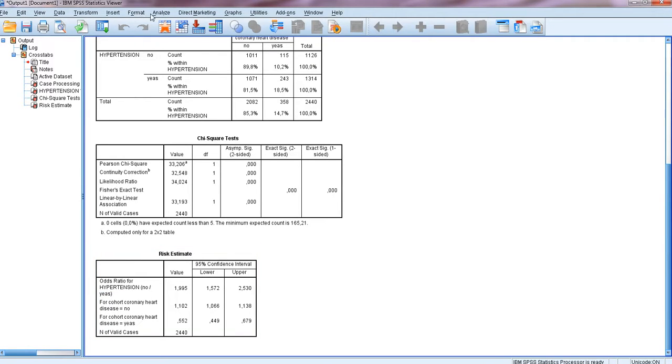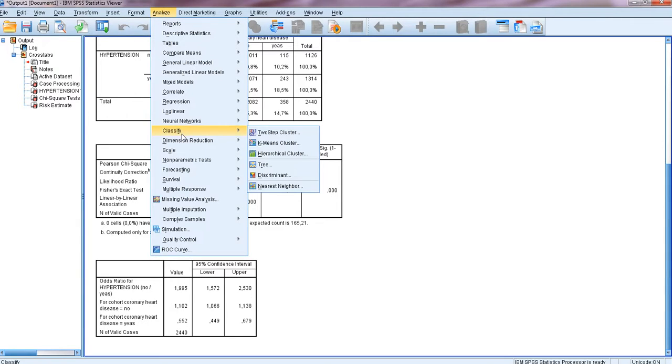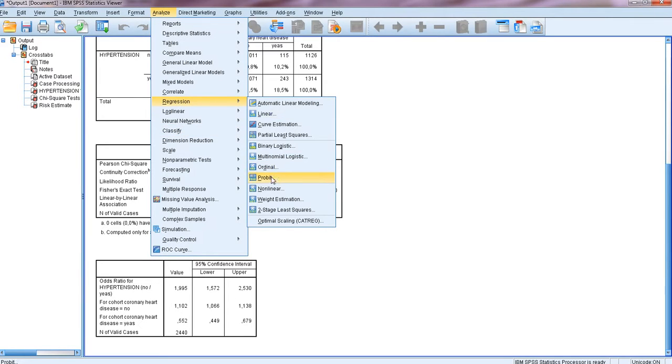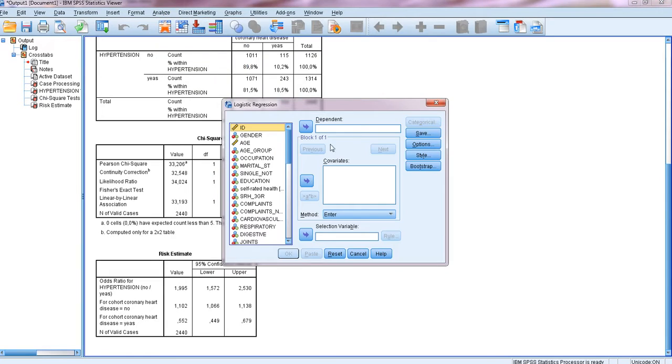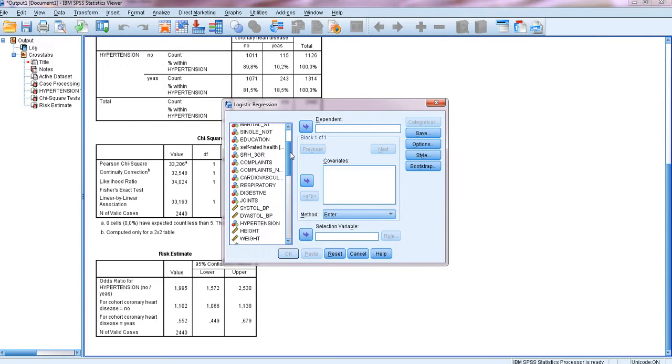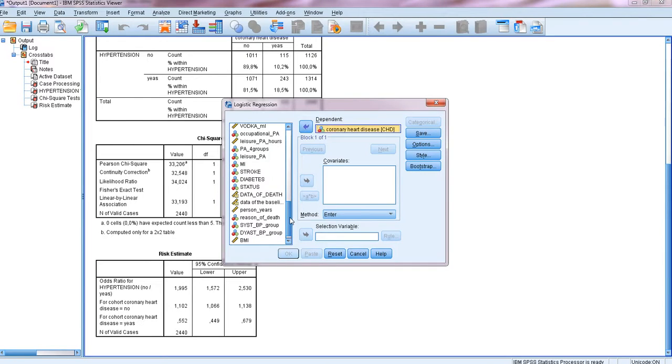You can do the same using logistic regression. Binary logistic regression: the main condition is that the dependent variable usually is a disease, death, or any other health condition like hypertension or obesity. It should be divided into two categories: disease yes or disease no. So in this case, we will use the same disease, coronary heart disease, and the same risk factor, hypertension.